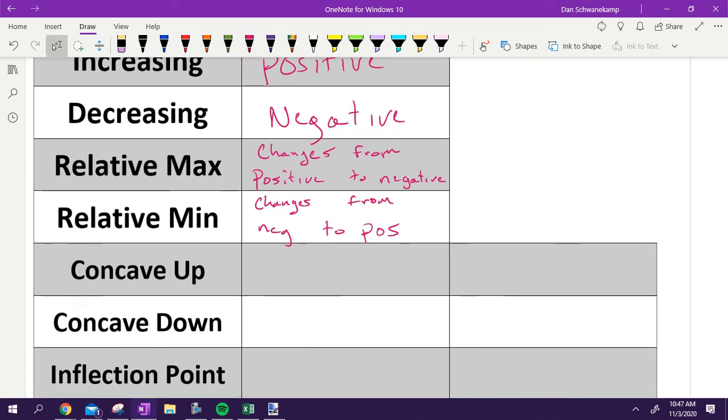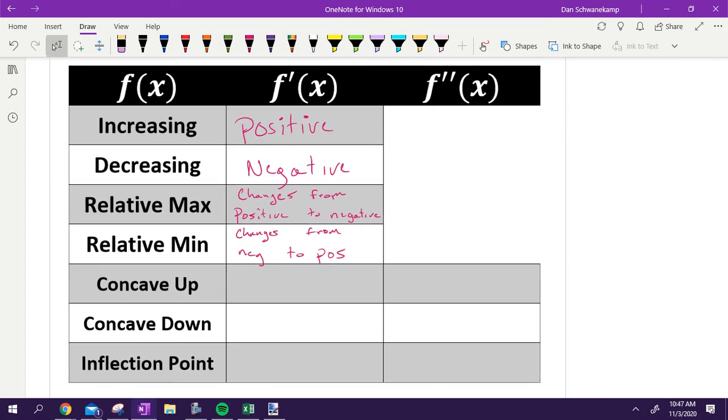Okay, the next category is concavity. And so now we're talking about not only f prime, but f double prime as well. If I'm concave up, Renee, what's going to be true about f double prime if I am concave up? F double prime is positive. Good. So concave down obviously is negative.